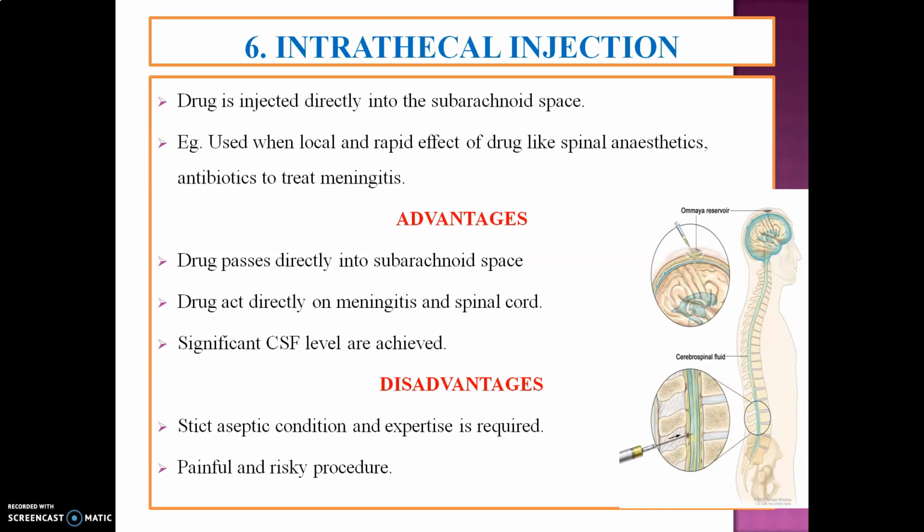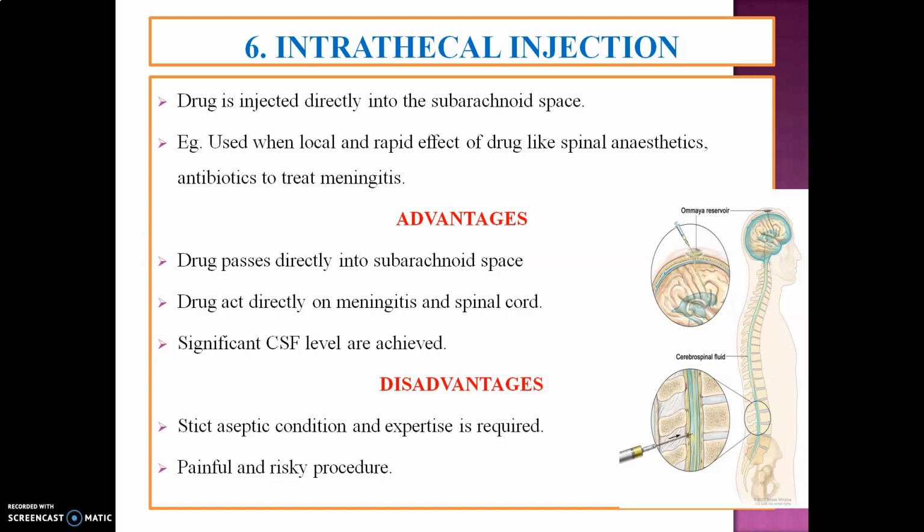In this diagram you can see the subarachnoid space. In this space there is CSF, that is cerebrospinal fluid. So you are directly giving the drug in that cerebrospinal fluid.